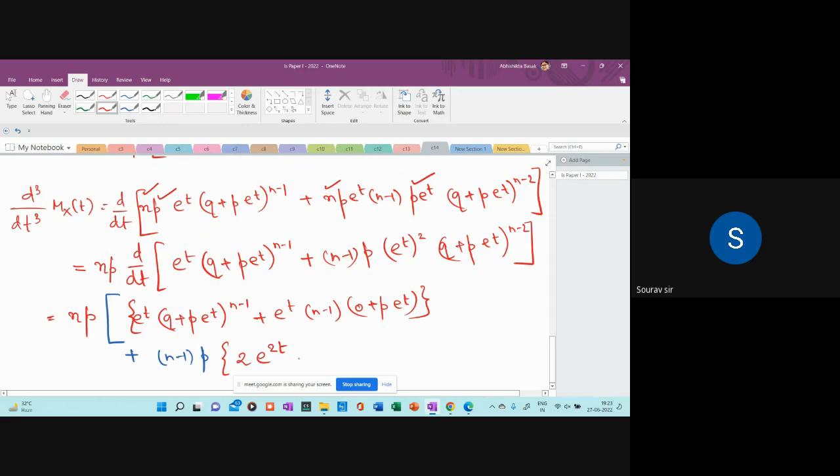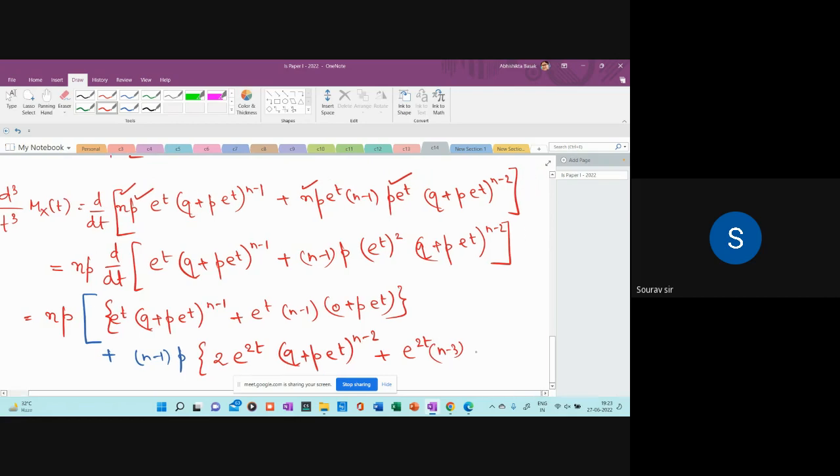So my derivative here is, and q plus p into e to the power t whole to the power n minus 2 will remain the same, plus e to the power 2t will remain the same, and I will do the derivative of this, n minus 3 into q plus p into e to the power t whole to the power n minus 3 into p into e to the power t, and that ends my last derivative.